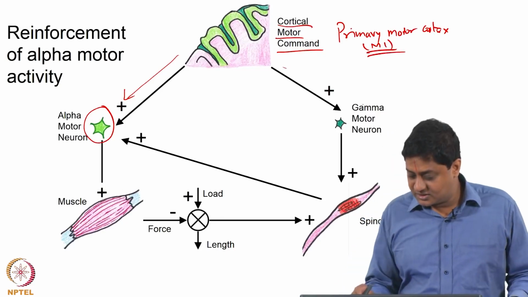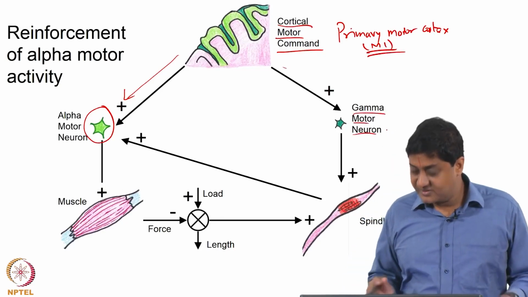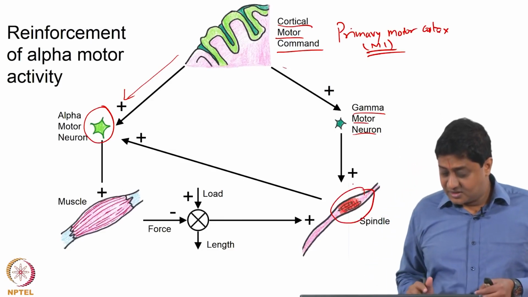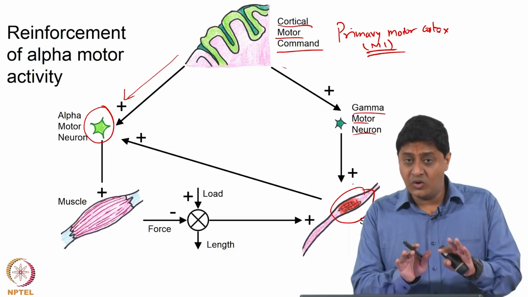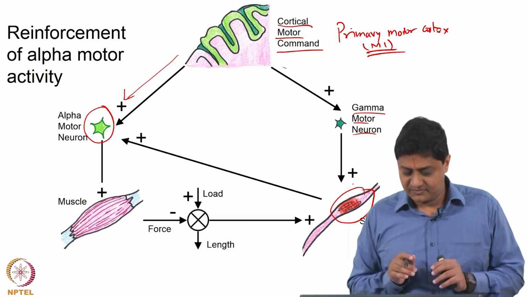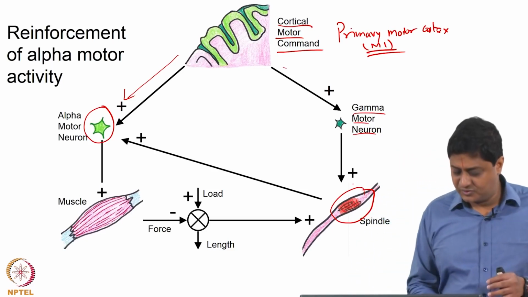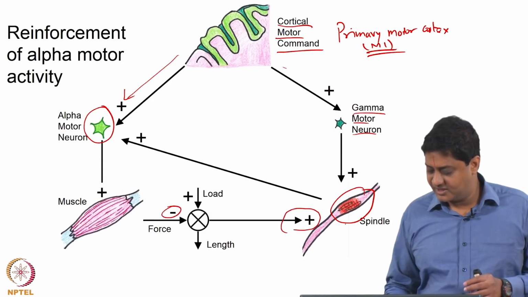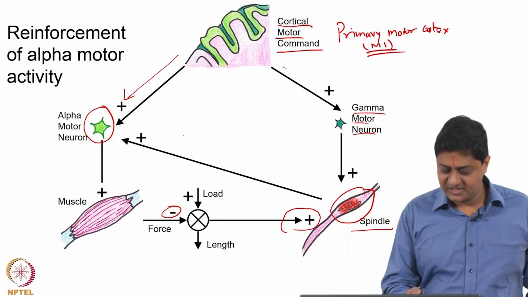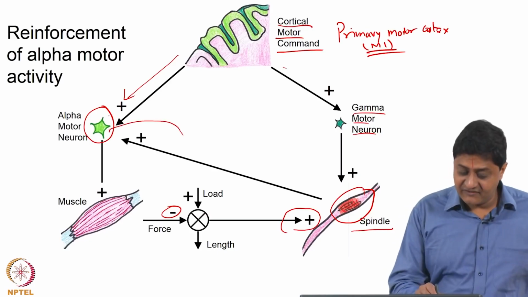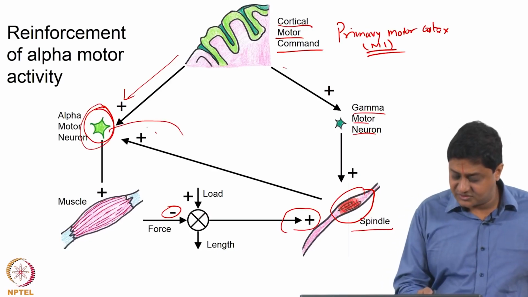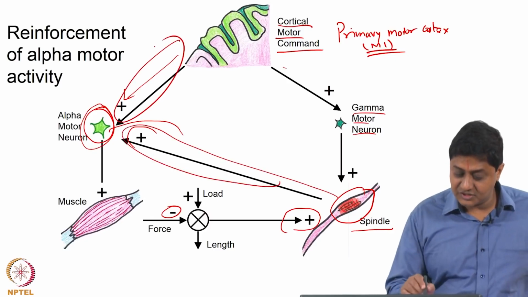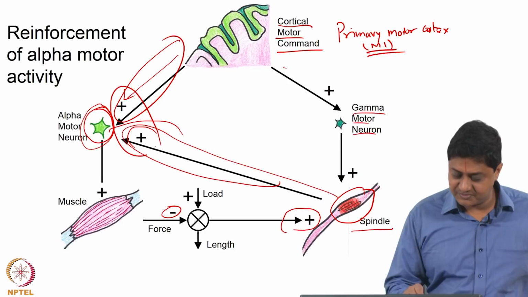It also controls gamma motor neurons, which changes the sensitivity of the spindle, is it not? So, if the external load is stretching, the force produced overcomes that, and length information is measured by the spindle, which activates this. So, this activation of the alpha motor neuron is not just through this or just through this, it is actually through a combination of both these, is it not?